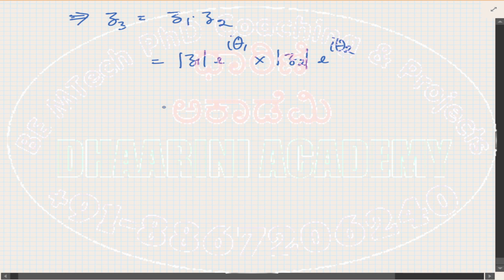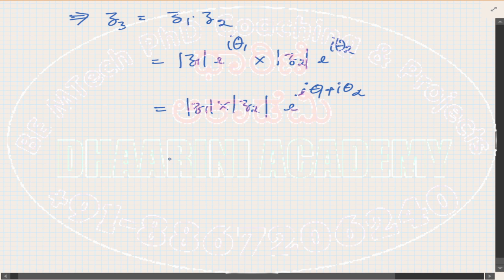Now I can multiply the magnitudes directly. This is z1 into z2, and if a number is raised to the same base, like e to the power something into e to the power something, you can club them together. This is e to the i theta 1 plus i theta 2.